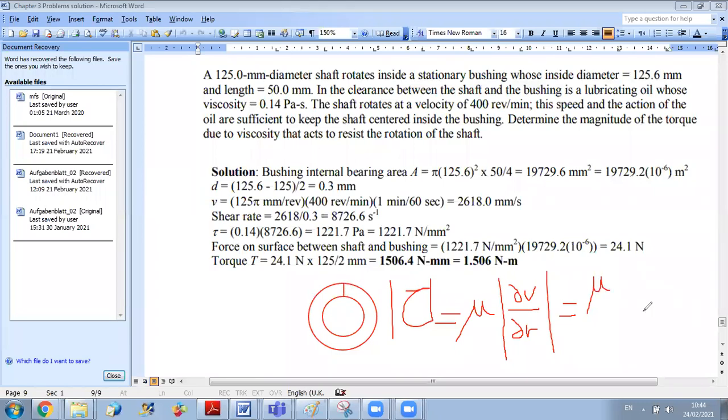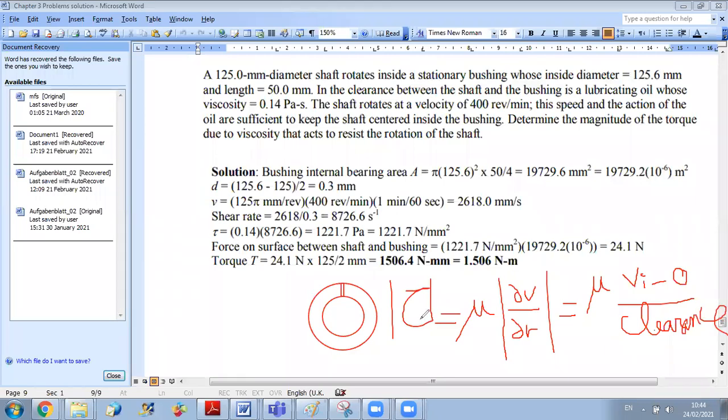V outer is 0, so it's V inner minus 0, over the clearance, which is the difference in distance between them. In this way, I can calculate the value of the shear stress.